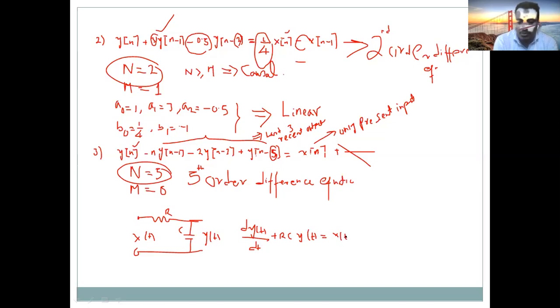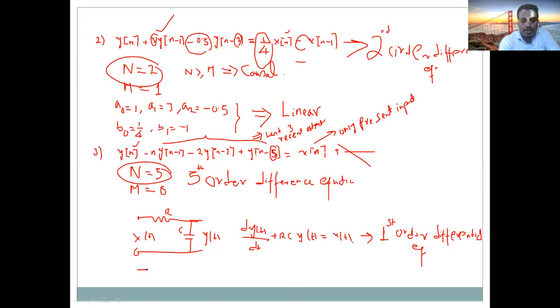Because there is a first derivative here, we call it first order differential equation. Okay.